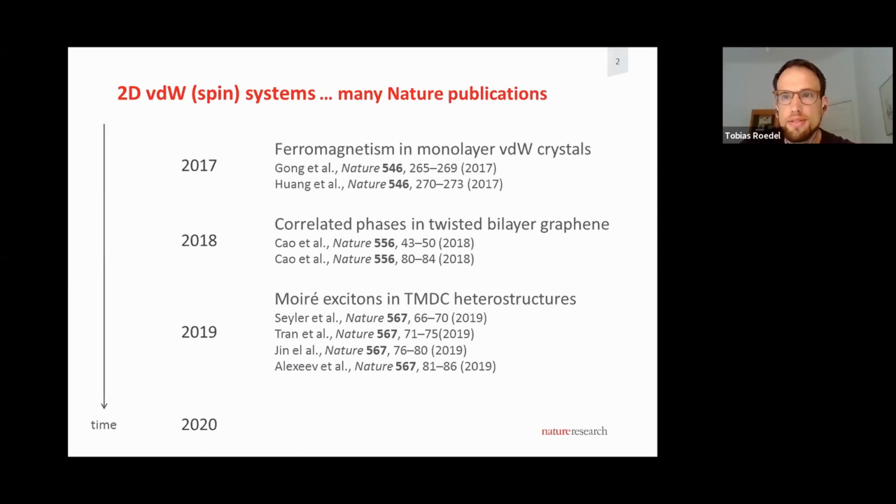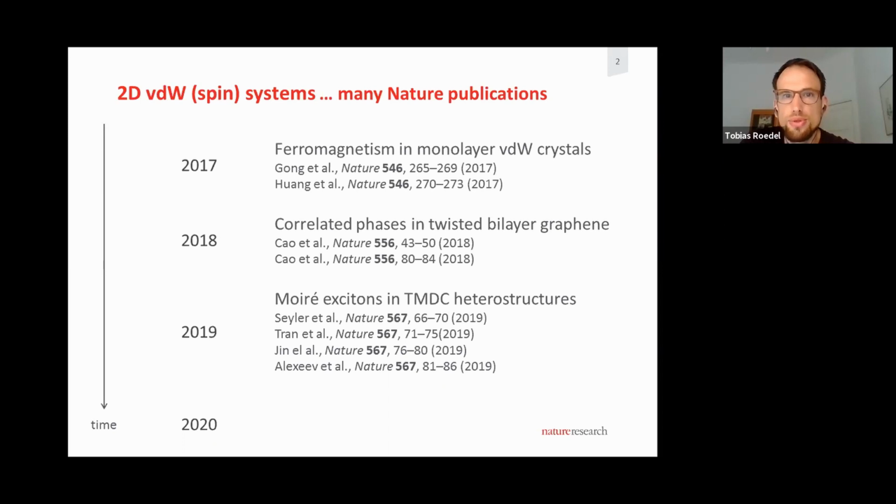Because now you have correlated phases, you have ferromagnetism, you have ferroelectricity. So really the whole range of condensed matter physics in monolayer crystals. And then just to round up, in 2019, we published papers showing Moiré excitons in transition metal dichalcogenide heterostructures, showing that these Moiré lattices also affect excitonic features in TMDC heterostructures.